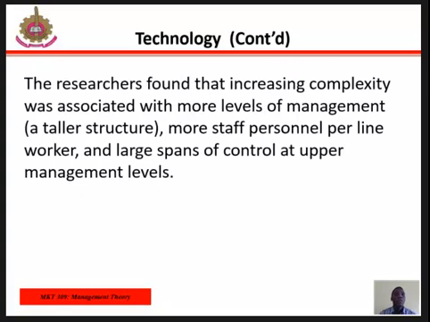The researchers found that increasing complexity was associated with more levels of management, that is, a taller structure, more staff personnel per line worker, and large spans of control at upper management level.